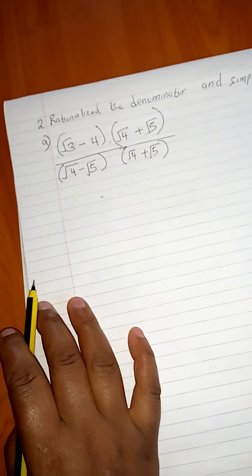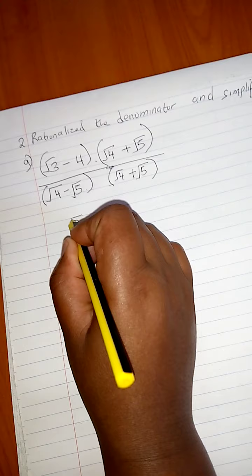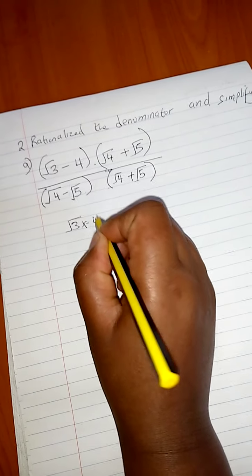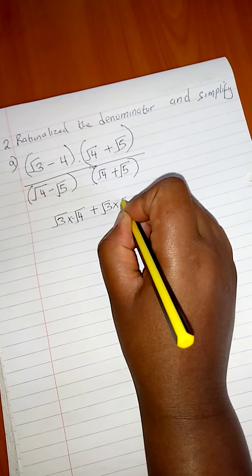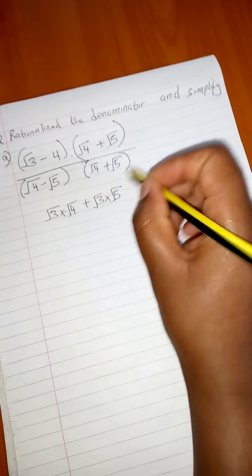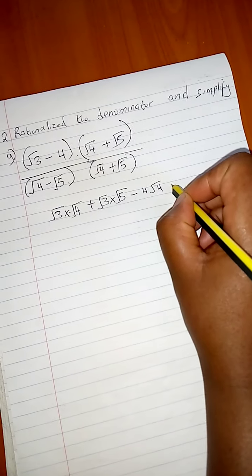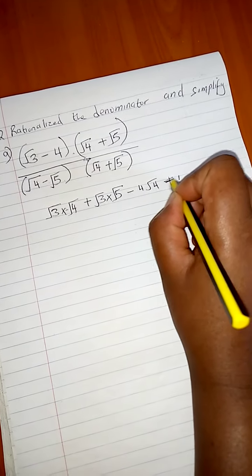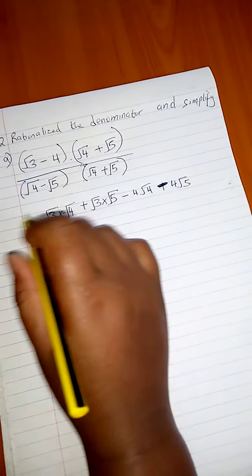So let's start multiplying the numerator. For the numerator, it will be root 3 multiplied by root 4, plus root 3 multiplied by root 5, then minus 4 root 4, then minus 4 root 5. So you can work out the numerator.